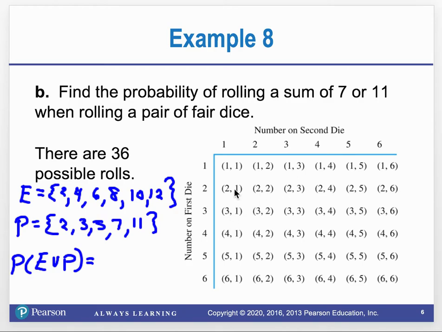So right here, here's one even number, 2, 3, 4, 5, 6, 7, 8, 9, 10, 11, 12, 13, 14, 15, 16, 17, 18. There's 18 rows out of these 36 rows that would give me an even number.